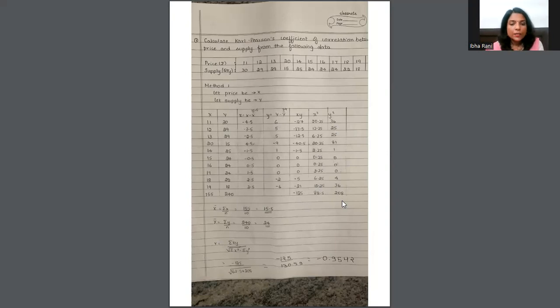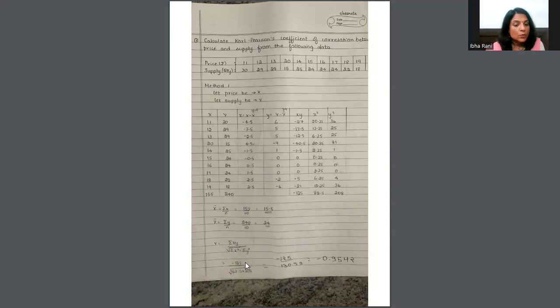Now put all these values in the formula of Karl Pearson's coefficient of correlation, and the formula is R equal to summation of x into y divided by root of summation of x square into summation of y square. So summation of x into y we have calculated as minus 125.